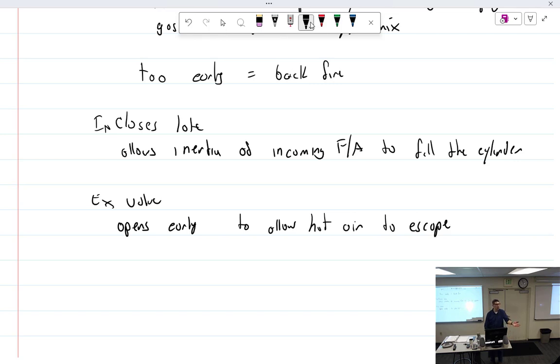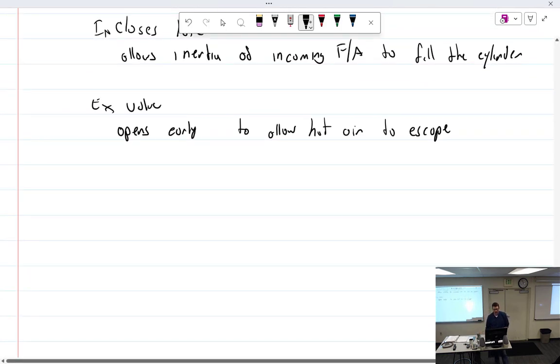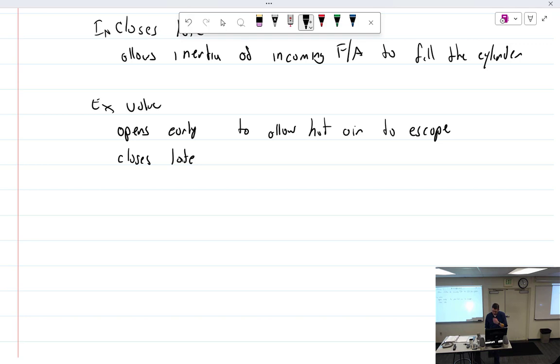It's no longer doing any work, so we just want to get it out of there. Otherwise, you're going to overheat your cylinder. And it closes late. Most of the energy of the fuel air is expanded about 18 to 120 degrees after top dead center of the power stroke. So allowing the heat to escape early does what for the cylinder? Keeps it cool.